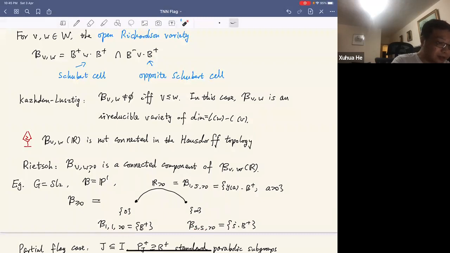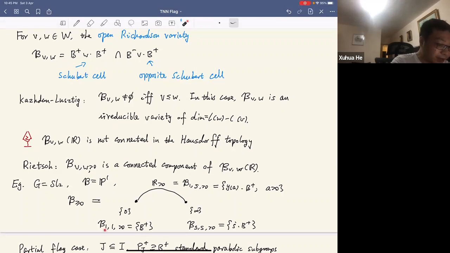And the open part, the set of positive real numbers, is a one-dimensional cell corresponding to the pair 1 and s. So these are all the choices of v less than or equal to w for the group SL2. I'm not going to give you the precise definition of the Marsh-Rietsch map, but I'm going to say what happens in this particular example.